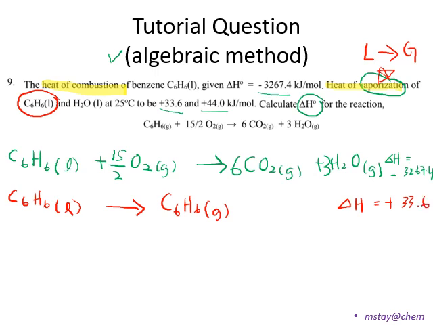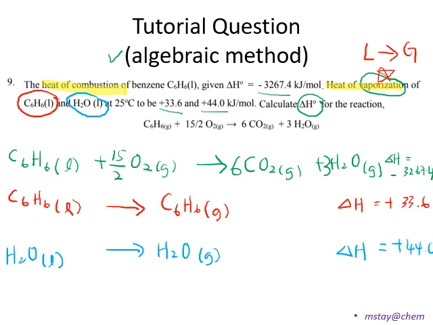33.6. Next is the enthalpy of vaporization for H2O. When H2O liquid vaporizes, in the same case, it will become H2O gas. And the enthalpy given there is positive 44.0.